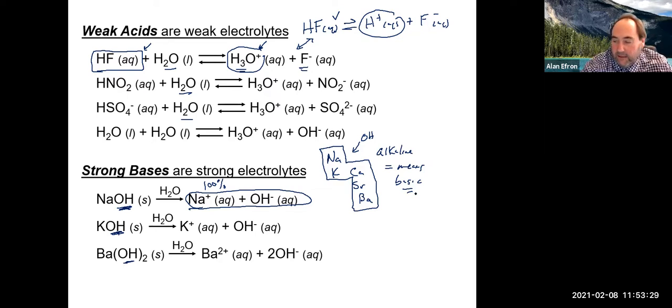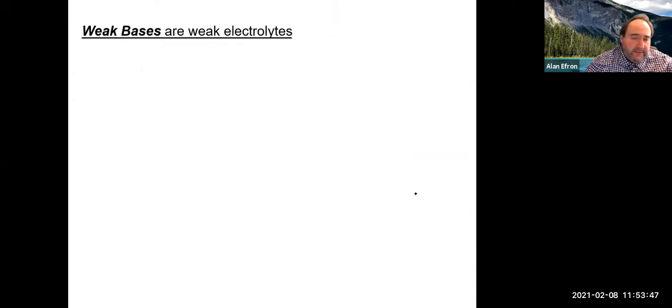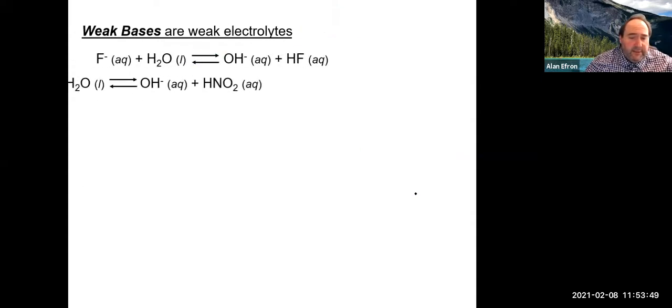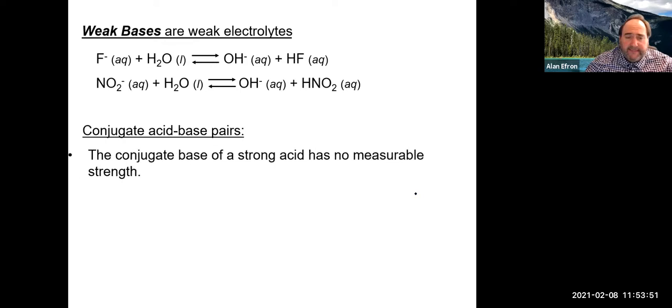As we also talked about previously, not all bases contain hydroxide. There are certain bases that actually don't have hydroxide in them, but can produce hydroxide, and they're still considered bases. There are some weak bases usually in that situation. So here's a couple of examples of weak bases.